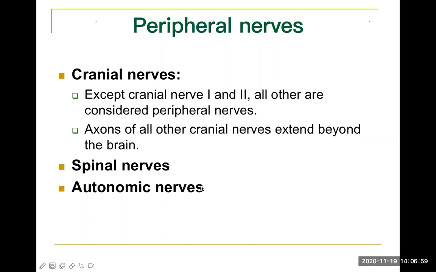These are the types of peripheral nerves we have: cranial nerve, spinal nerve, and the autonomic nerve. Cranial nerve 1 and 2 are considered the direct extension of the brain. That's why they are not considered as peripheral nerves. Now we have 12 pairs of the cranial nerve, we have 31 pairs of the spinal nerve, and we have autonomic nerves as the sympathetic and parasympathetic neurons.